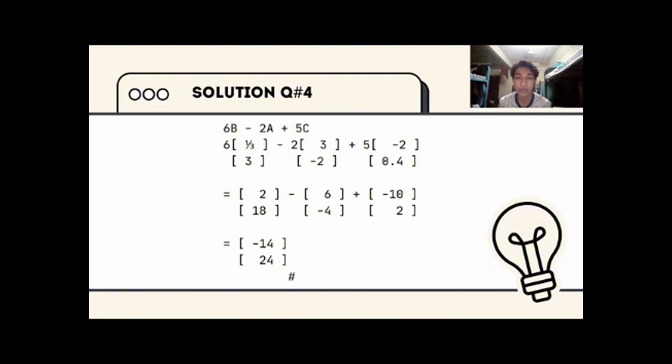Last is 5C. 5 multiplied by negative 2, 0.4 equals negative 10, 2. So we must solve 2, 18, minus 6, negative 4, plus negative 10, 2. Solve it all and we get the final answer, negative 14, 24.